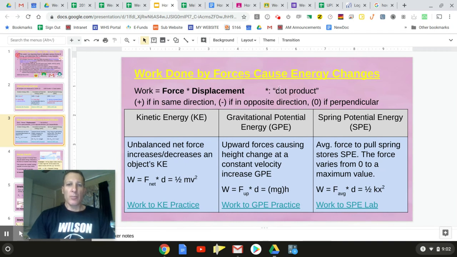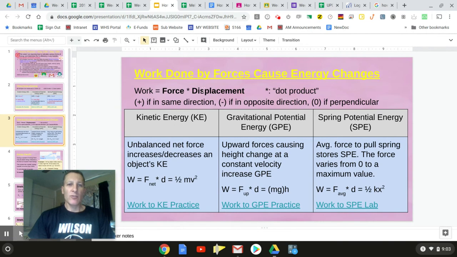So when you multiply two vectors, the bottom line is if these two vectors are in exactly the same direction, when you multiply them, you will get a positive work done. However, if these two vectors were in completely opposite directions, that means the force is doing negative work. So you'd still multiply the two numbers, yet the result would be negative.